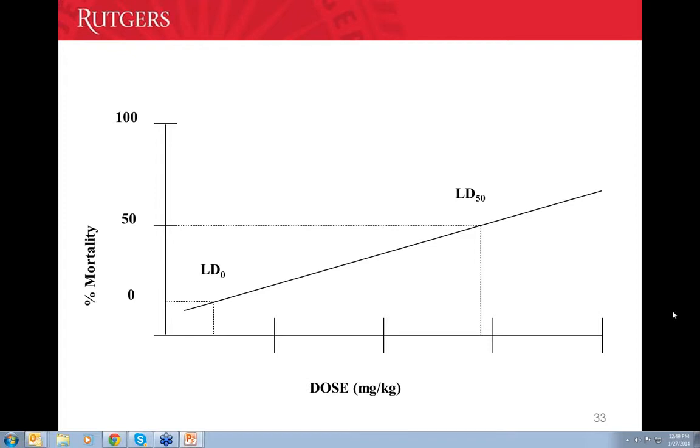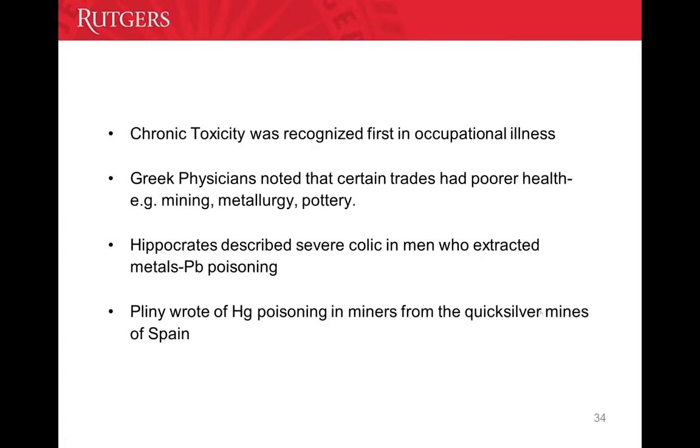So let's move on, and let's talk for a minute about chronic toxicity. Chronic toxicity was first looked at back with occupational illness, because the physicians of the time noticed poor health status in folks who had really difficult, dirty, hard trades, people who were miners, people who worked with pottery, people who worked with metals.